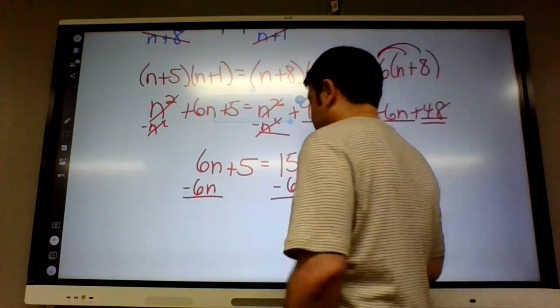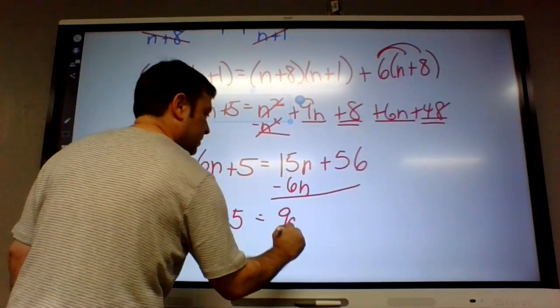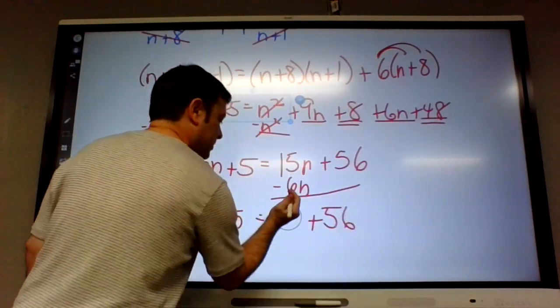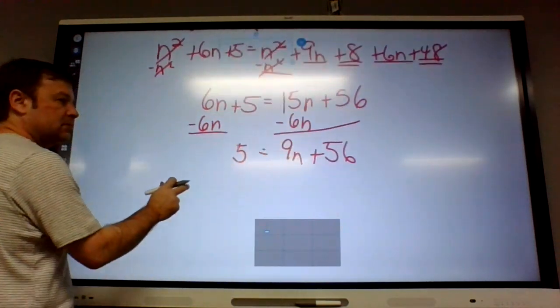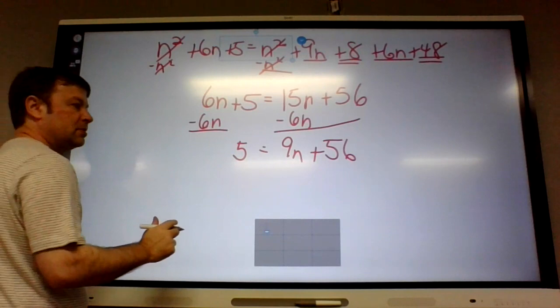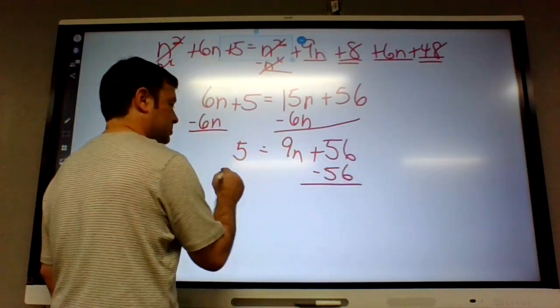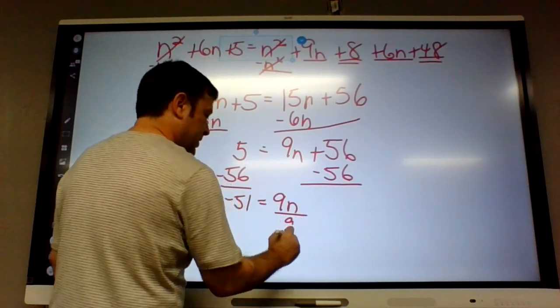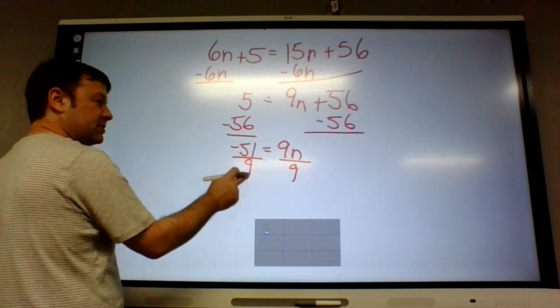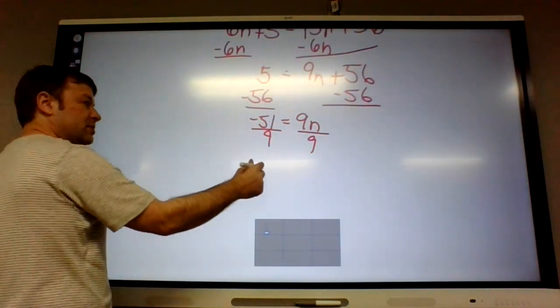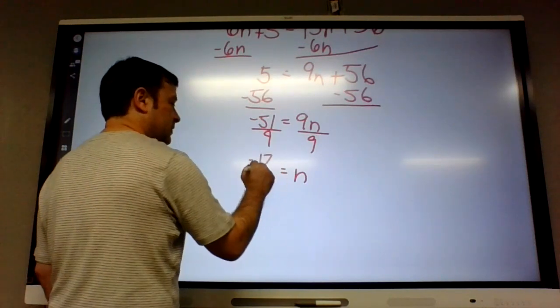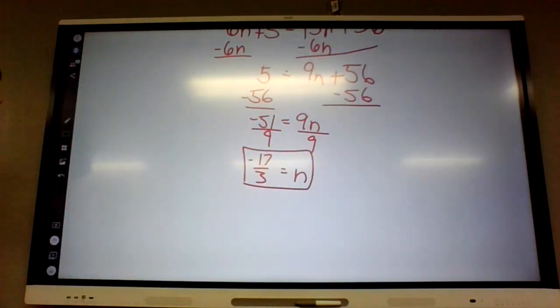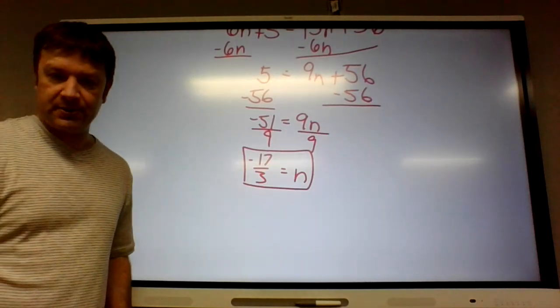So I'm going to subtract 6n. And then what, Reagan? Minus 56. Right, that's another mess. This doesn't work out very well. It doesn't divide by 9, but that does reduce because 3 goes into both of those. So divided by 3, you get to that. And that is not going to make a denominator 0, so that is the answer.